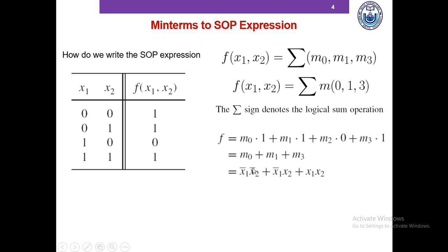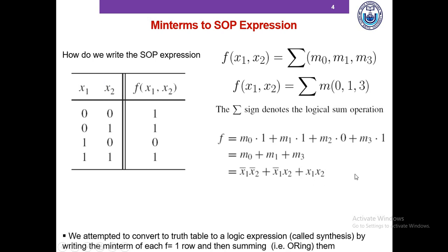So we end up with only minterms of m0, m1, and m3. If we then write the minterms, we end up with the logic expression of f. So there you go, we have converted a truth table into a logic expression, and now we can implement it in a circuit.